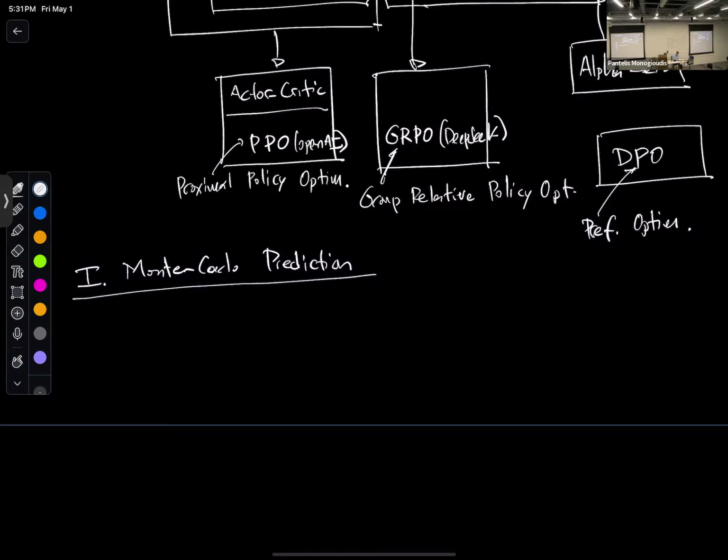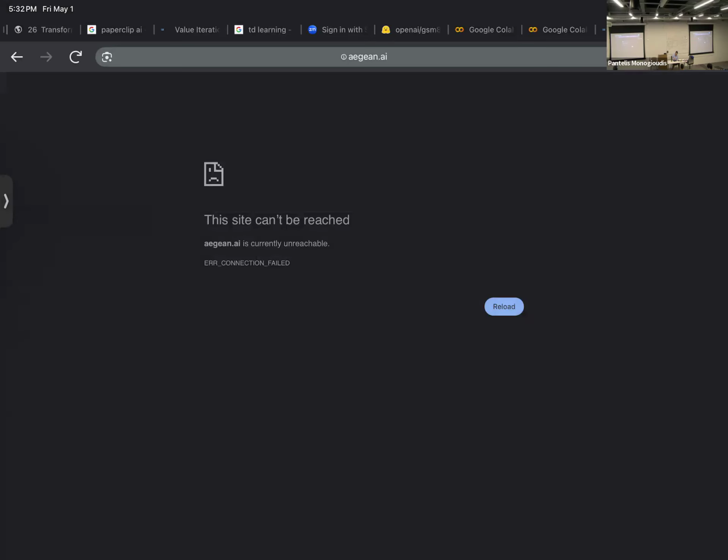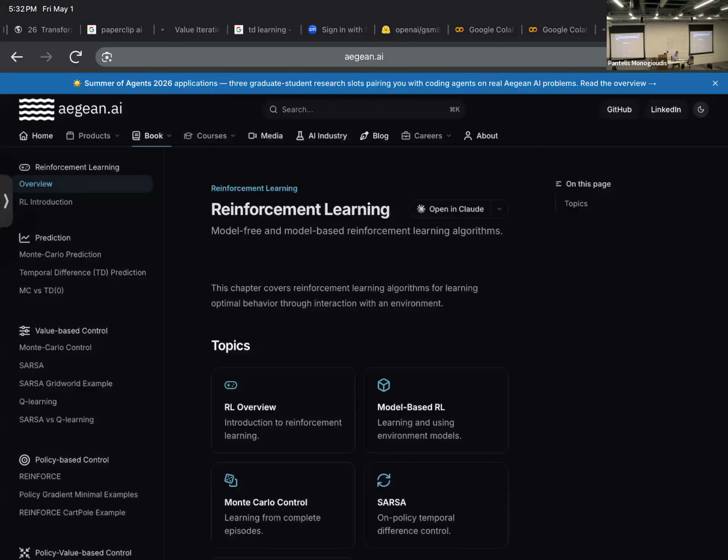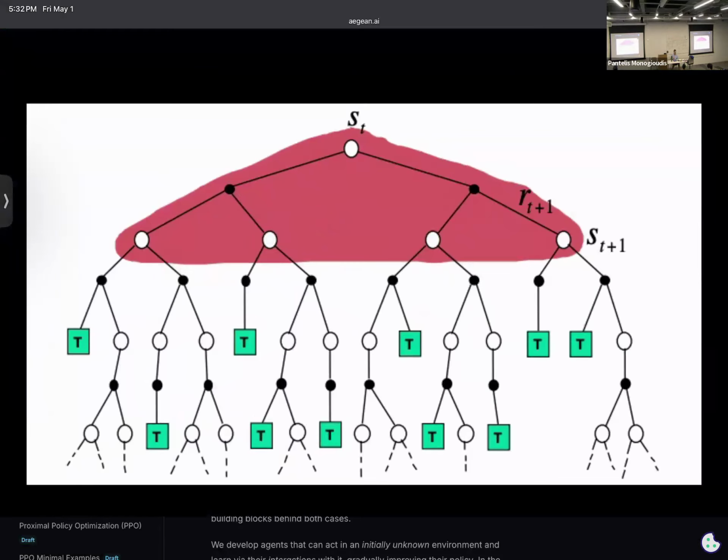Monte Carlo prediction. All right, so in Monte Carlo, by the way, I wanted to also show you, before I get started, where we were coming from. I think I showed you this picture before.